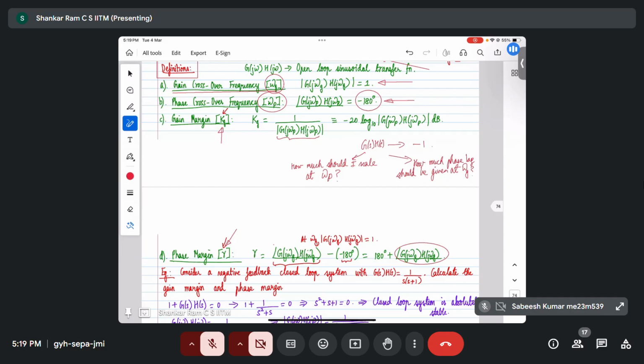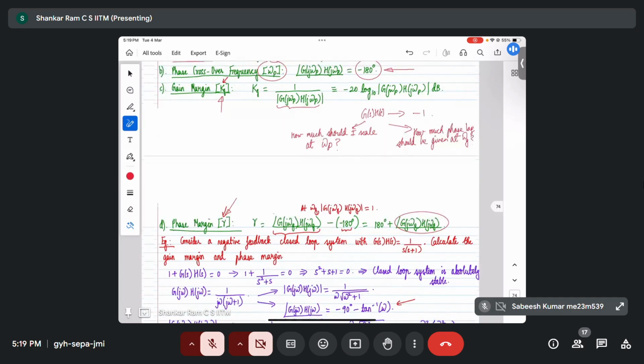So if I have to make the open loop transfer function go through minus 1, the magnitude is already 1, so I need to make the phase go to minus 180. So essentially the phase margin means I figure out the phase which will ensure that the phase of the open loop transfer function goes to minus 180 at the gain crossover frequency.